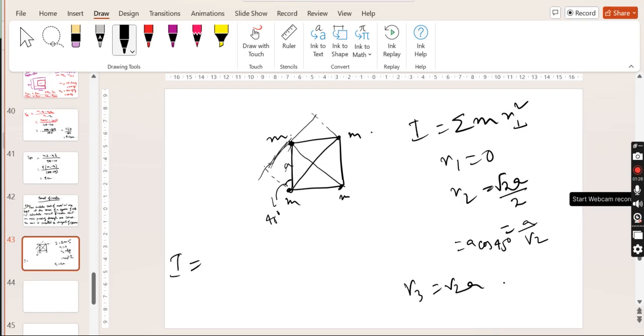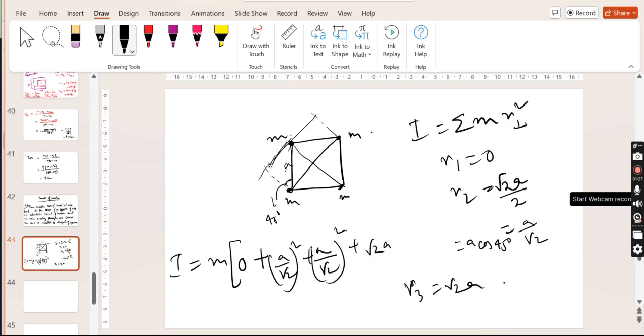So I would be m into 0 plus A by root 2 whole square plus A by root 2 whole square plus root 2 A whole square.